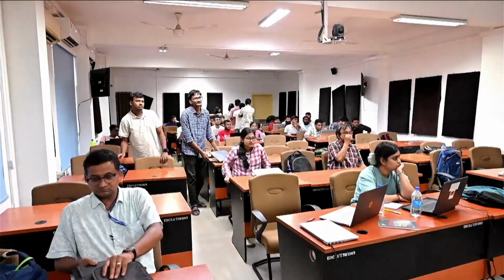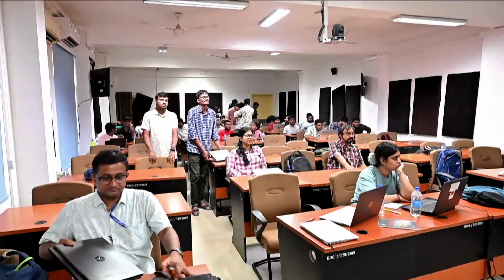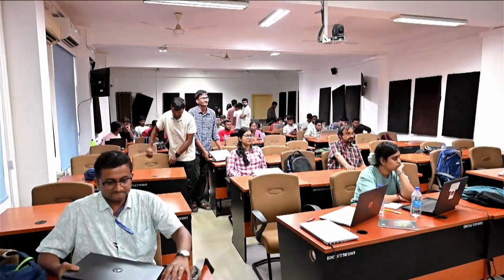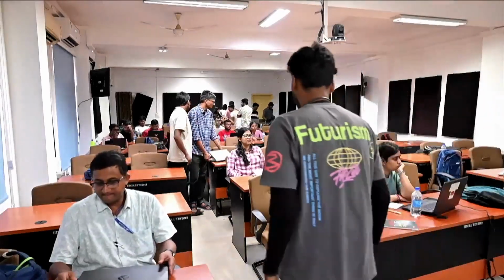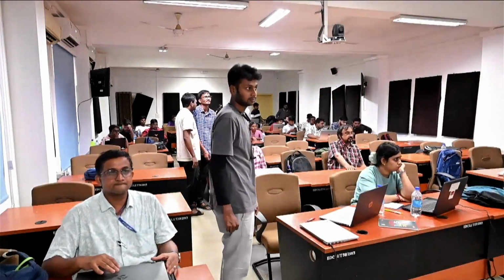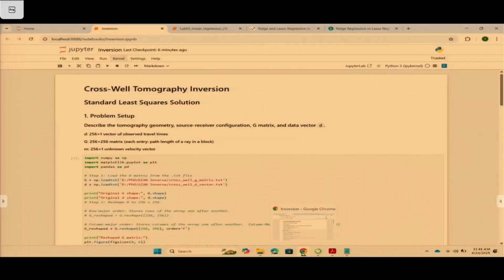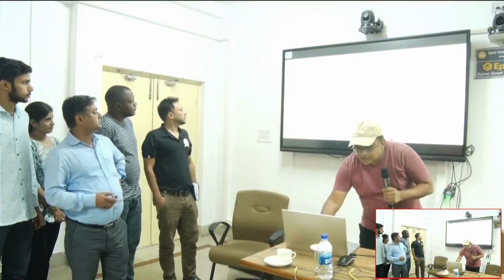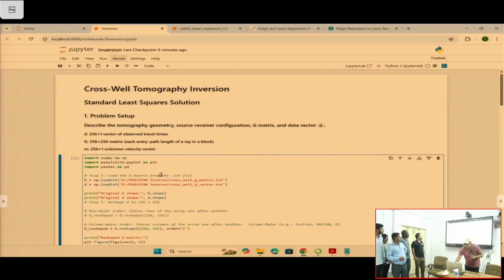Using the standard list, we try to find G and M, right? So as you can see, first we try to find M. M is the answer. We are first loading the G matrix, which is a sort of flattened matrix in a columnar structure, and the D matrix.